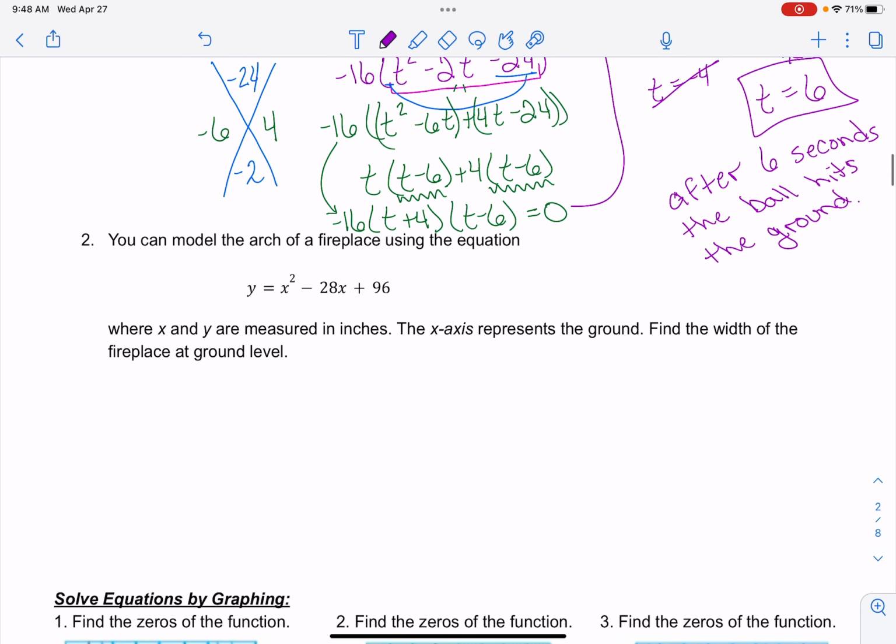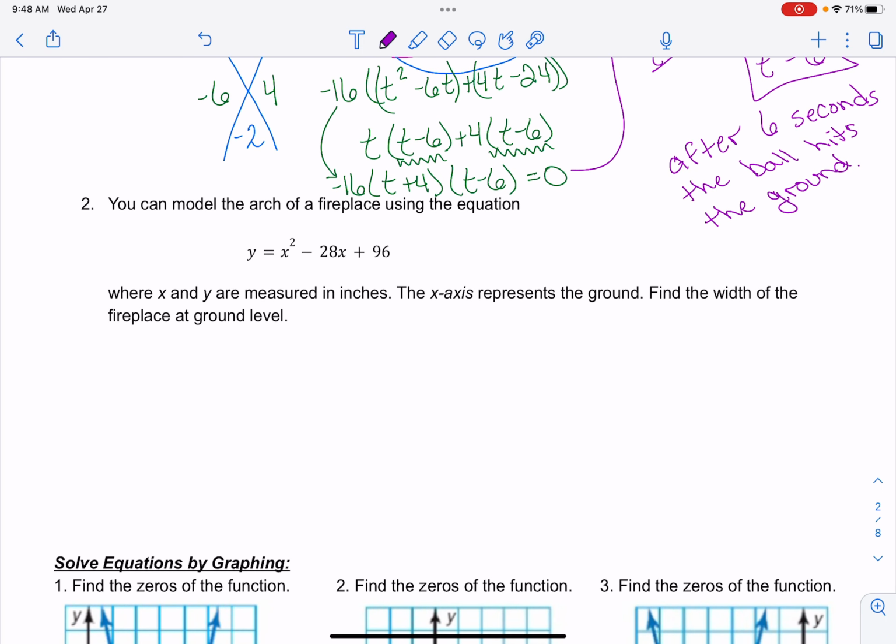All right, next one. This next one is a little tricky. So this next one says you can model the arch of a fireplace using the equation y equals x squared minus 28x plus 96, where x and y are measured in inches. The x-axis represents the ground. Find the width of the fireplace at ground level.